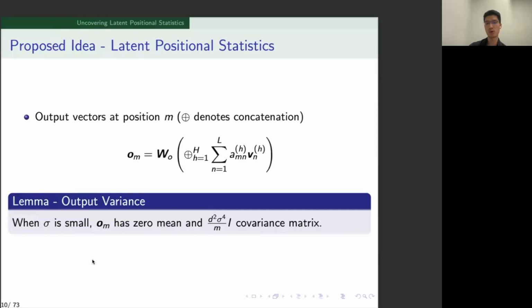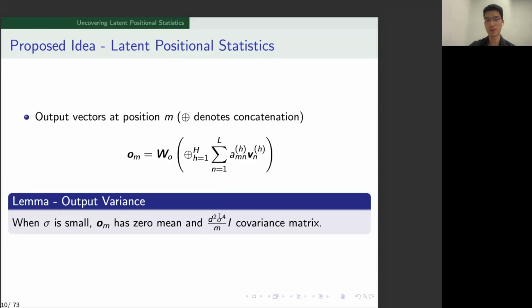Then in the paper, we showed that the output vector after each layer, obtained by concatenating all the hidden vectors for all the attention heads, we call it o_m. When sigma is small, this o_m has zero mean and a very special covariance matrix.